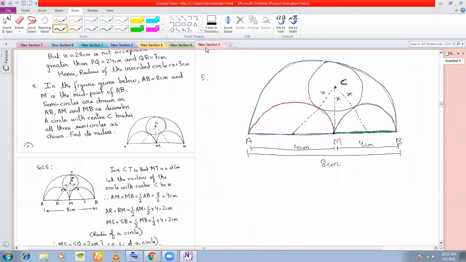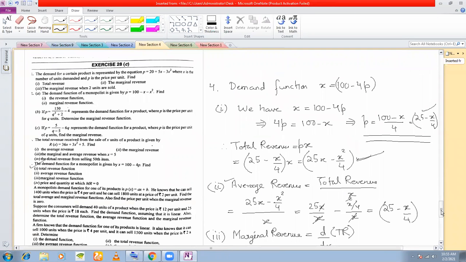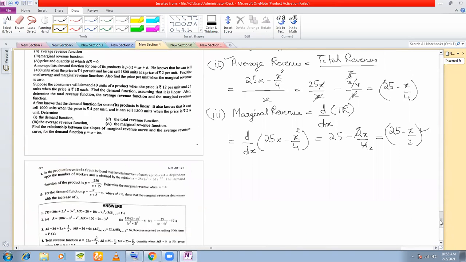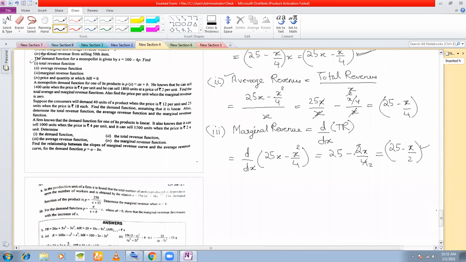So that's it. Okay. So now, the fourth question is the price and quantity at which marginal revenue is equal to 0. At what price and at what quantity is marginal revenue equal to 0? So let us put marginal revenue, which is a function of X, equal to 0, right?